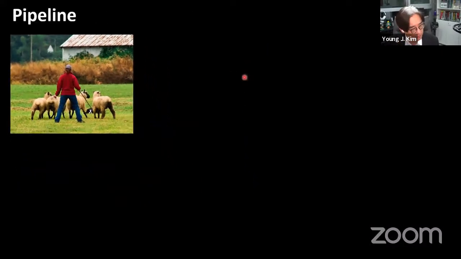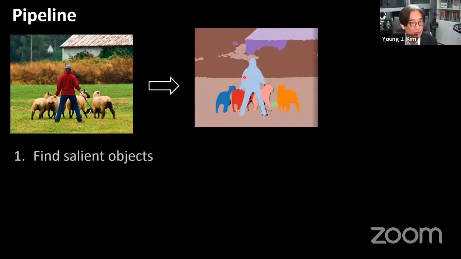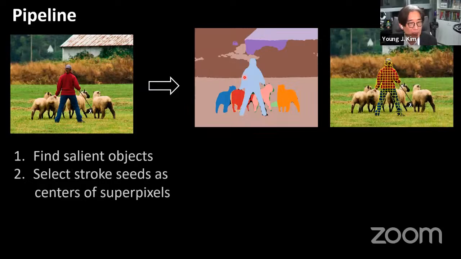Then the pipeline of our stroke-based rendering is something like this. Given this raster image, first of all, we find the salient objects in the scene using segmentation, panoptic segmentation more precisely. Then for each segment, we group a set of pixels, so-called superpixels, which is a clustering of perceptually relevant pixels.